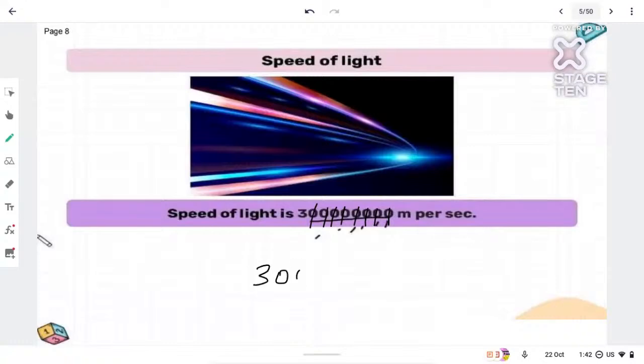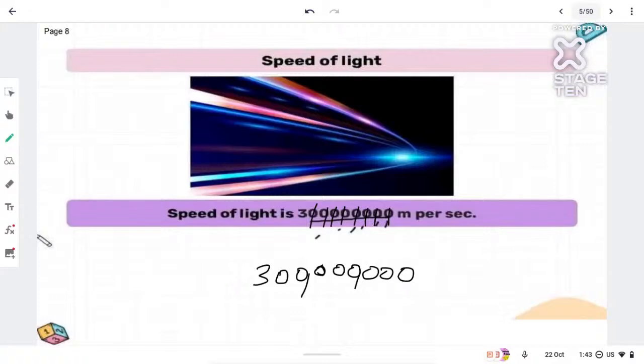So if I write it in the number system, how much is it? 300 million meters per second. That means light can travel 300 million meters in just 1 second. That's the speed of light.